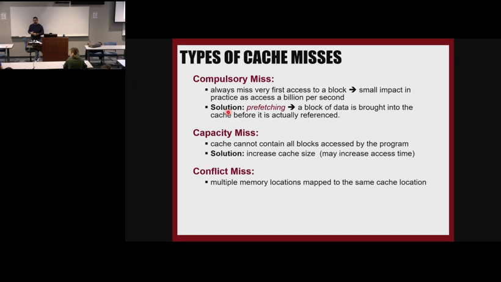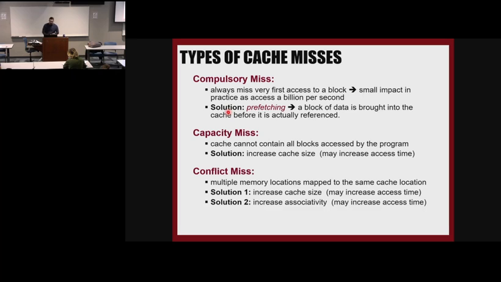So in case of the conflict miss, this happens when you have 2 different addresses, they're mapped to the same location in the cache, and then there's a conflict. Right? So how can we fix it? We can increase the size of the cache. That reduces it, but again, there's a trade-off. There is another way that is called associativity that we're going to talk about today. That is going to help with this kind of conflict miss. We're going to see how.